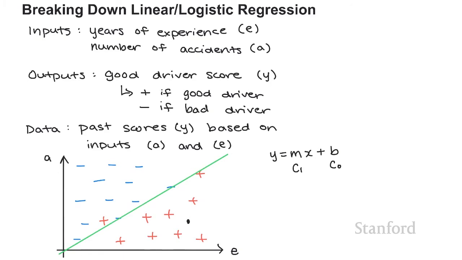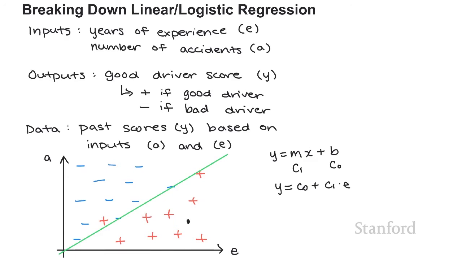So we can rewrite this y as y is equal to C0 plus C1 times x. I kind of switched the order between the two terms, right? This mx, which is now C1x, I moved to the second, whereas this b, which is now C0, I moved to the first. But also notice that there is no variable that we'll input that's actually called x, right? We only have e and a. So let's replace this x with e instead.